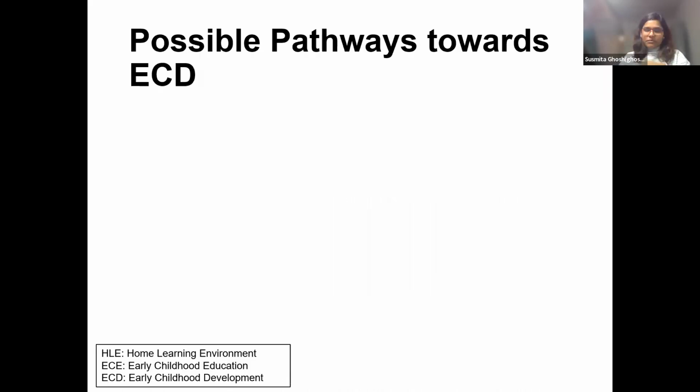And now I'm going to talk about the pathways that I assumed for my study. The possible pathways for early childhood development in Lao PDR: our outcome is early childhood development, and we assumed that several factors can contribute directly or indirectly to the developmental outcomes.